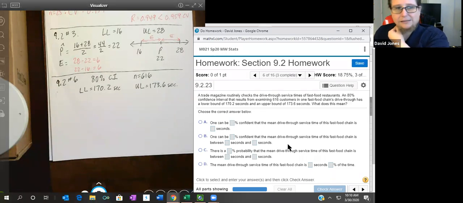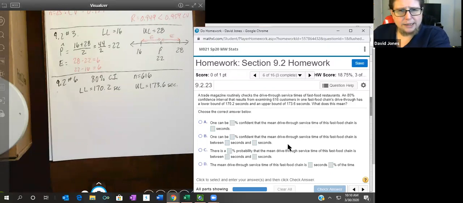That's not how a confidence interval works. What a confidence interval tells us is how confident we are that the actual mean is between a specific set of values. It doesn't tell us probability. It tells us that our confidence is that the actual true mean time is between the lower limit and the upper limit. We need to find the one that says that.